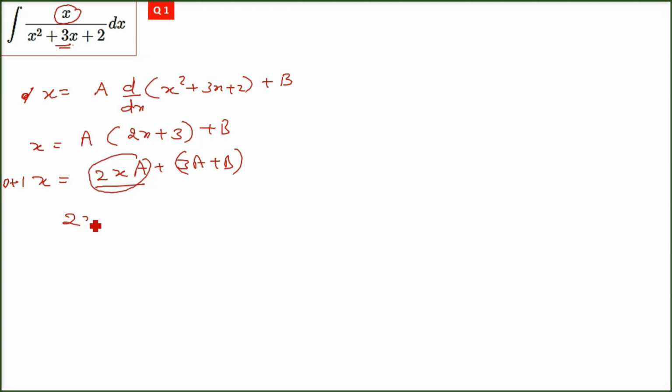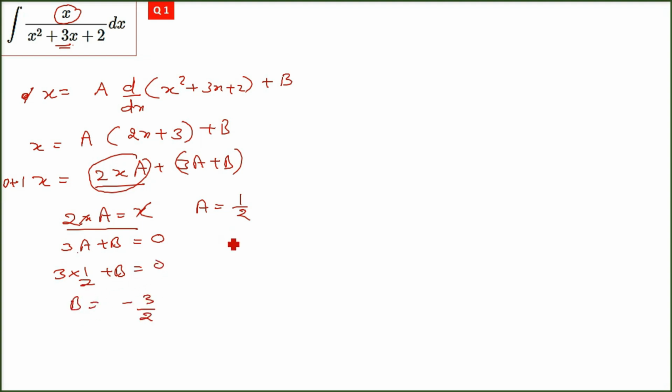That means 2a is equal to 1, left and right, and then 3a plus b is equal to 0, of course. What are you going to get? x gets cancelled. You will get a equal to 1 by 2. When you put this a equals half in this, 3 into half plus b equals 0, that is, b will be equal to negative 3 by 2.